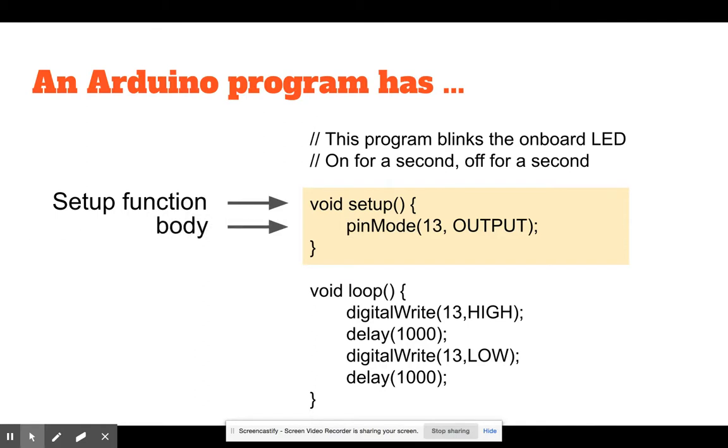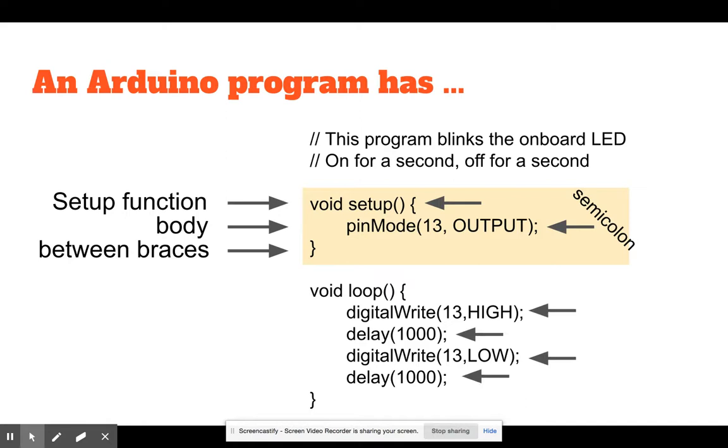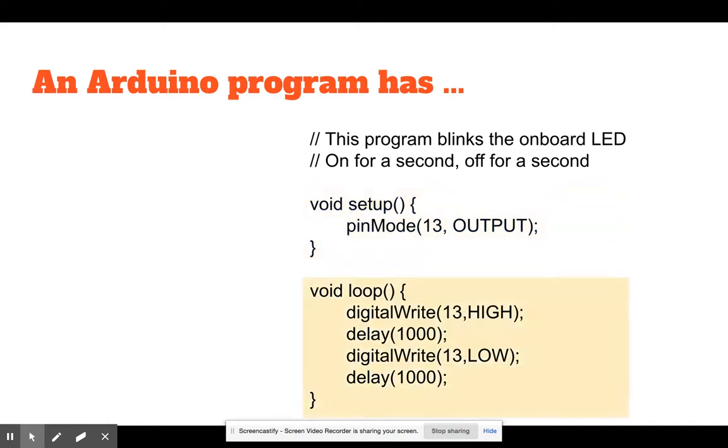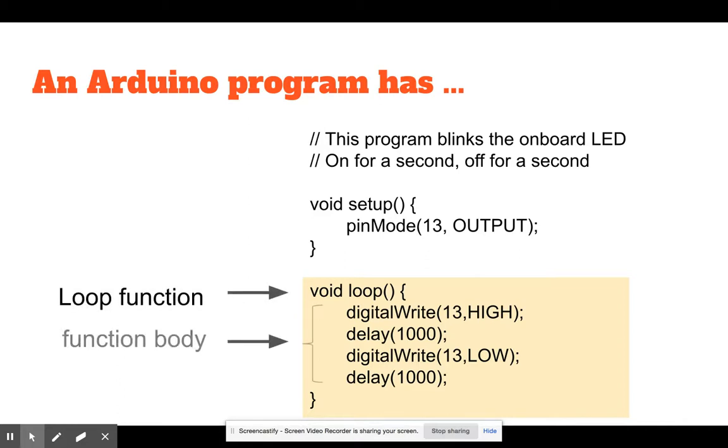Within the setup function, we have the function body, which is the area between the braces. Notice that at the end of this statement, there is a semicolon. Semicolons always appear at the end of statements. This is the loop function. The loop function also has a function body. The function body is the area between the braces.